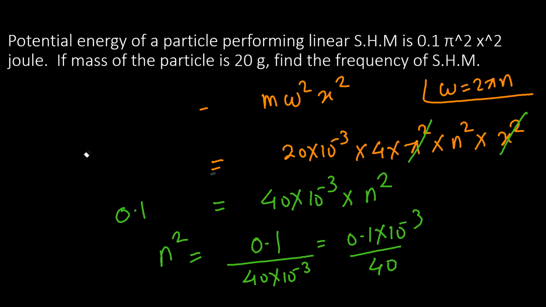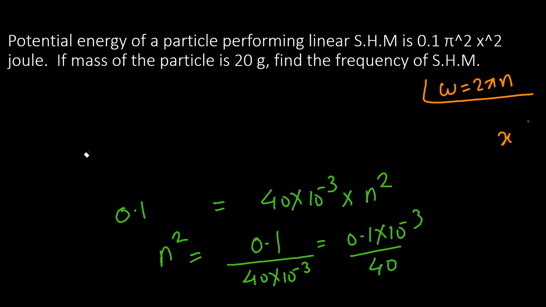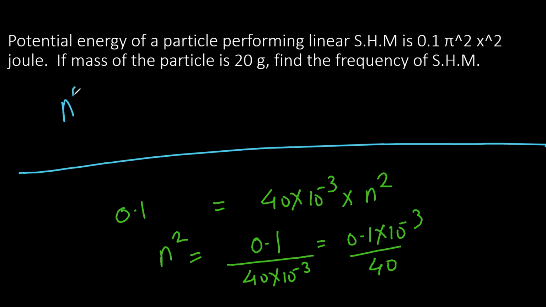We need to find n now. So what is n square? N square is 10 raised to minus 4 divided by 40.